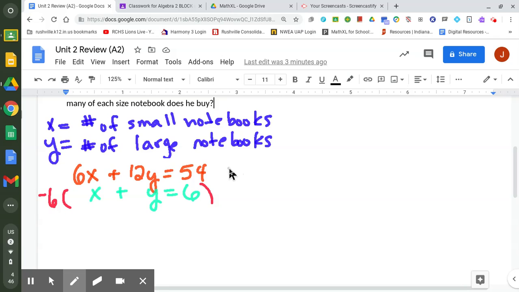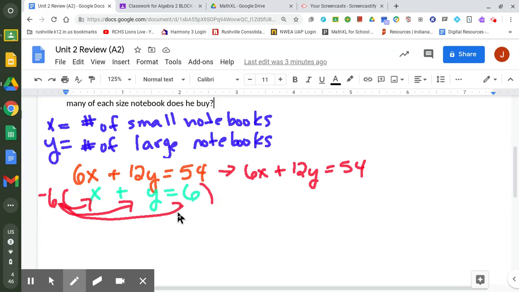And so my top equation stays 6x plus 12y equals 54. But then my bottom equation, I need to distribute that -6 to all 3 terms. So then it's -6x, and -6 times y would be -6y.